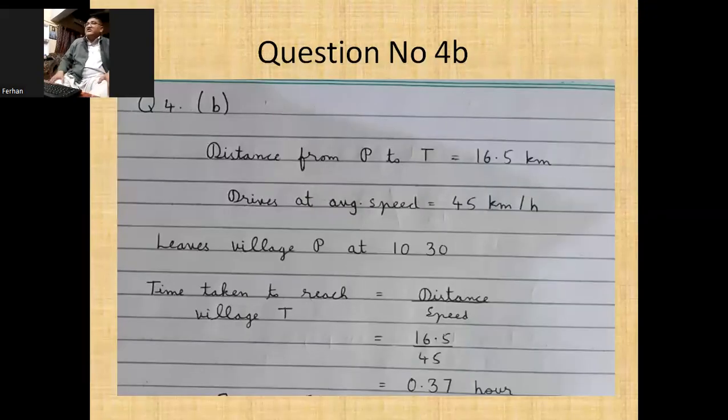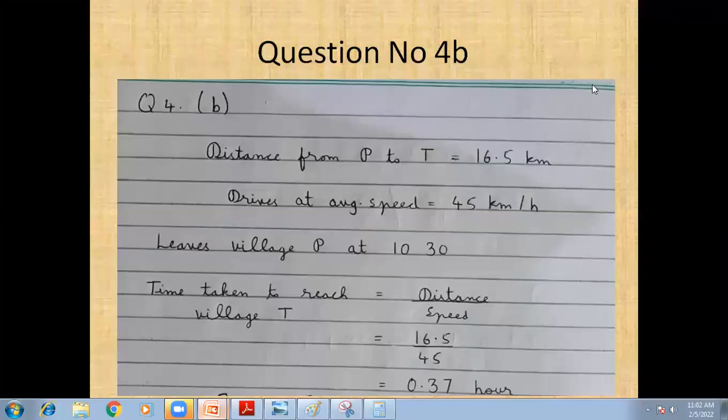Okay. So the distance from P to T is 16.5 kilometers, and he drives at an average speed of 45 kilometers per hour.